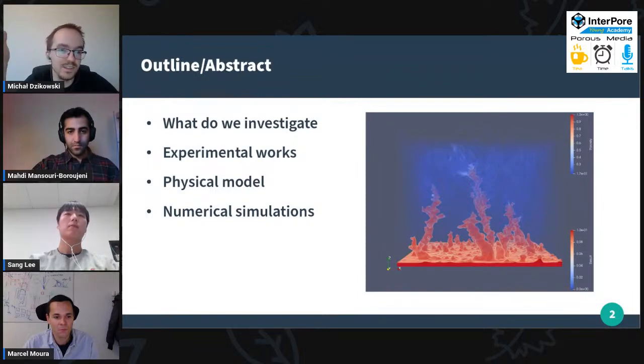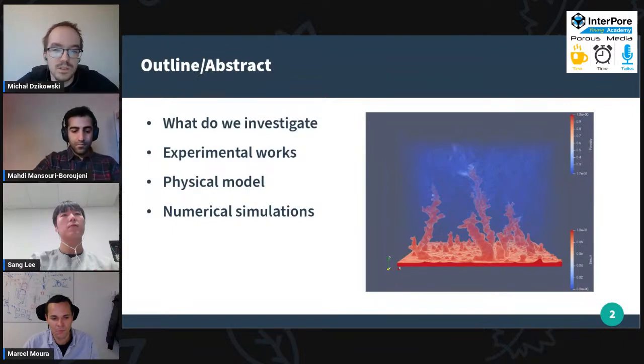And in the right setup, you could create those wormholes, so strong preferential flow paths that are created by the reactive flow. So, for example, karsts, caves, and those large systems, but also very small ones.